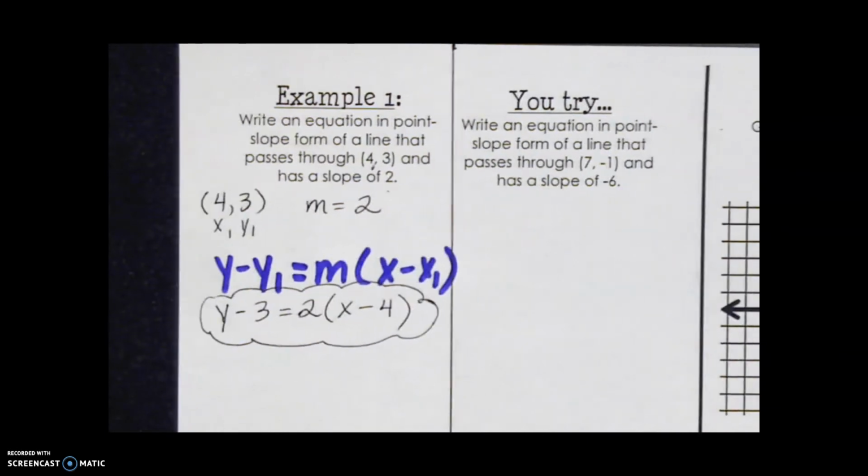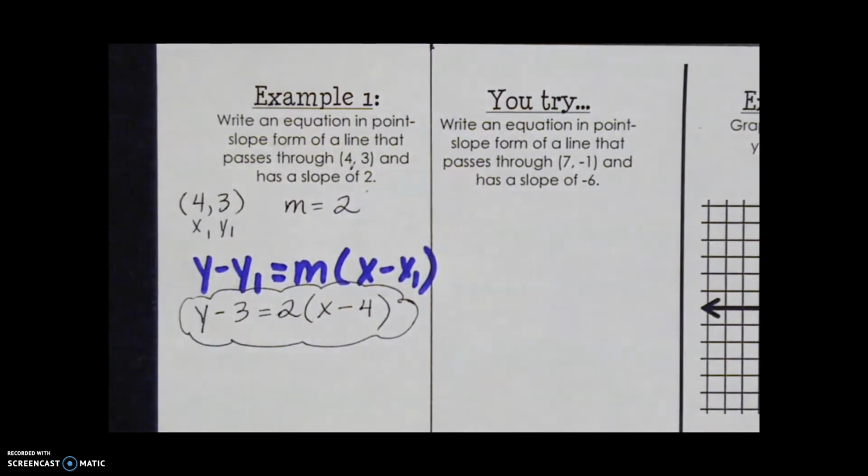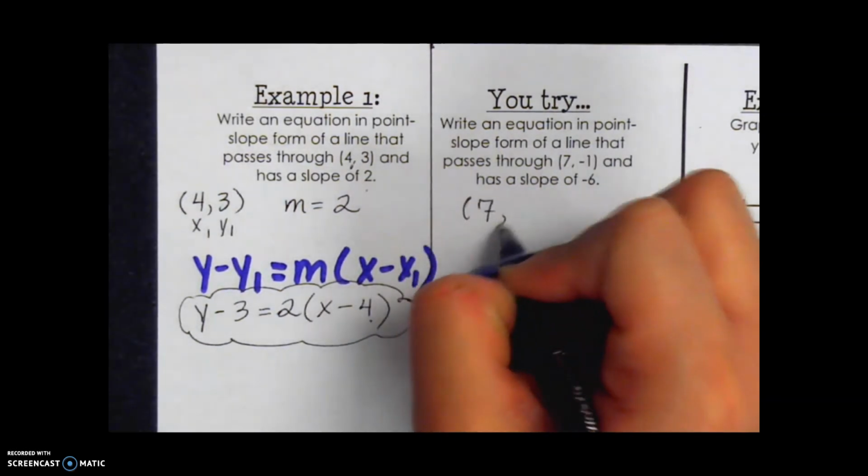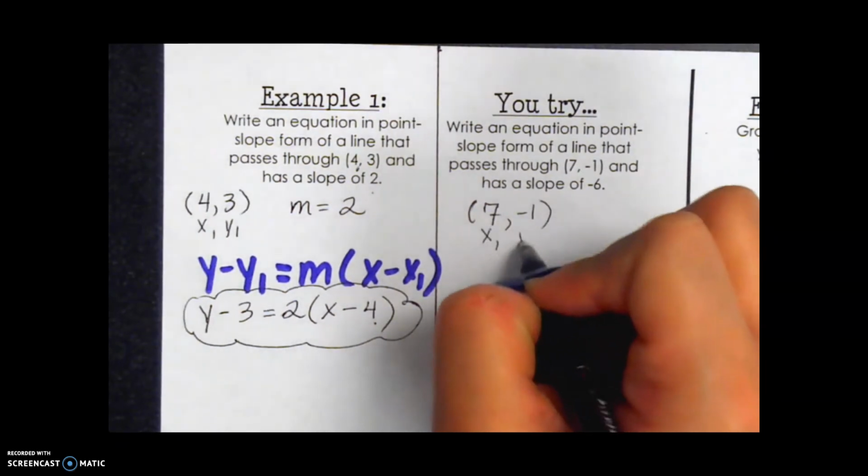All right, so go ahead and try this next example. It looks just like this one. All you have to do is plug in the slope and the point. Go ahead and try it. All right, now that you've had a chance to try it, let's do it together. This is x1, y1.